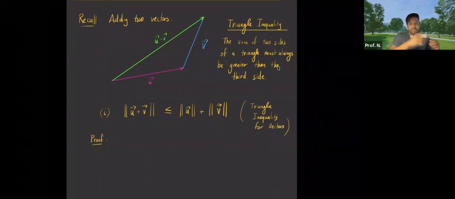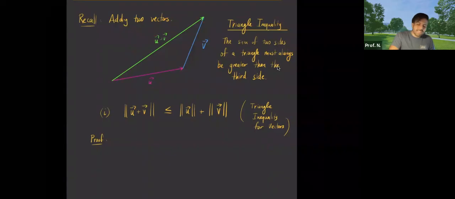When we talked about the norm of a vector, we said, oh, the norm of a vector in two-dimensional space is the Pythagorean theorem, v1 squared plus v2 squared. And then you're like, oh, in three-dimensional space, it's v1 squared plus v2 squared plus v3 squared. And then you say, oh, so in n-dimensional space, it would be v1 squared plus v2 squared all the way to vn squared. So we've been going from R2, R3 to Rn. This triangle inequality is really just for R2 space.